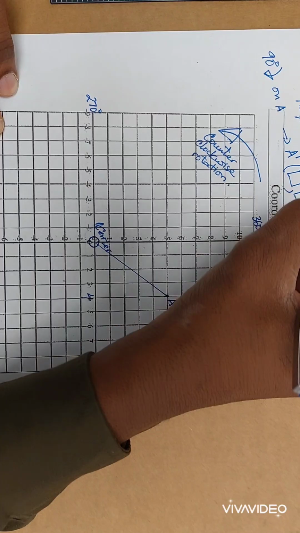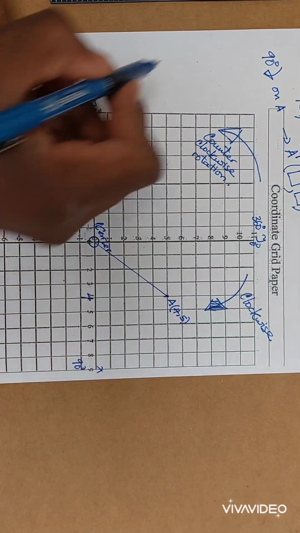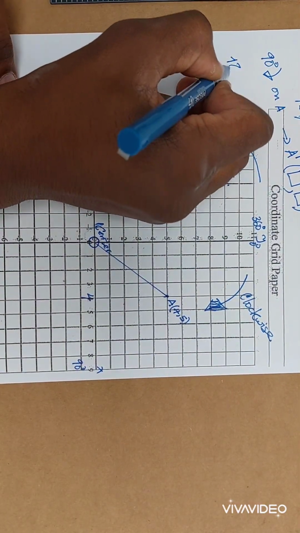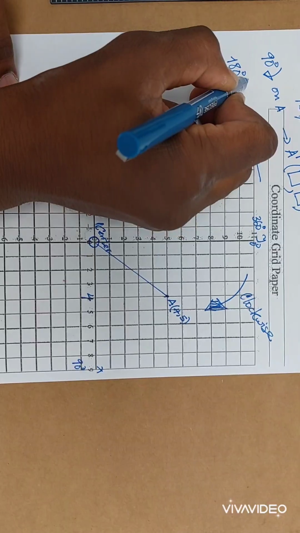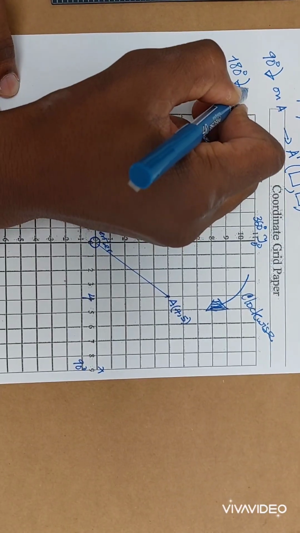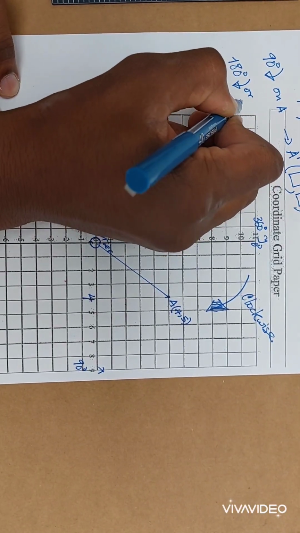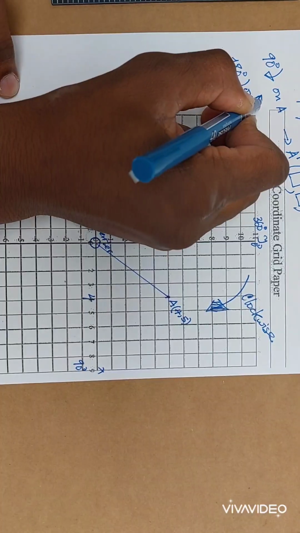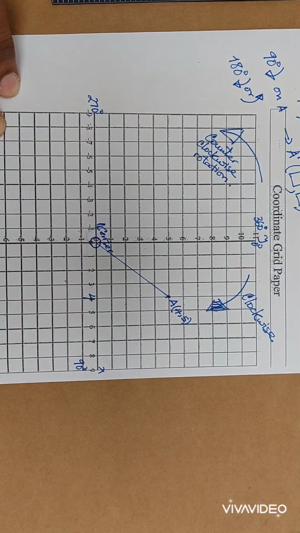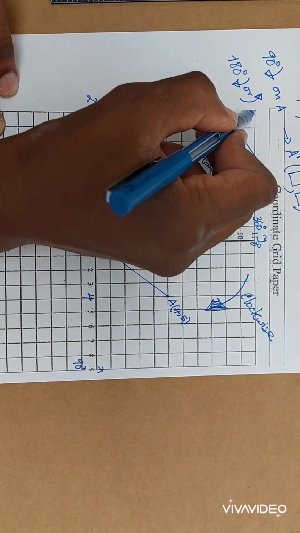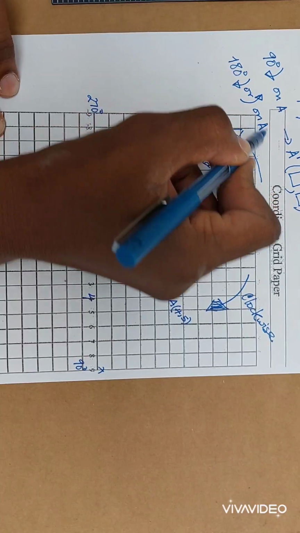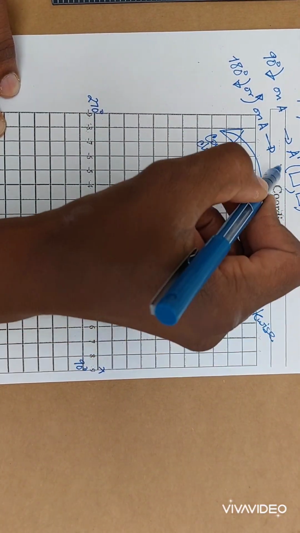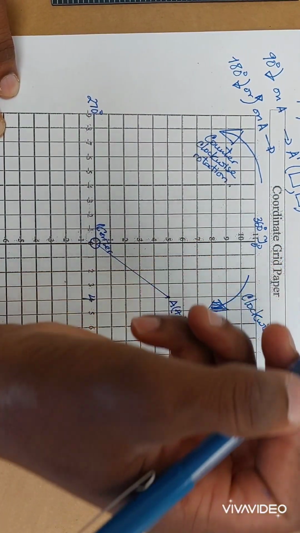So this will be the X and the Y coordinates. Okay, we will also perform a 180 degrees clockwise rotation. And for 180 degrees, whether you do the rotation clockwise or counterclockwise, you end up with the same coordinates. So we want to do that on A as well, and we will call our coordinates A prime.